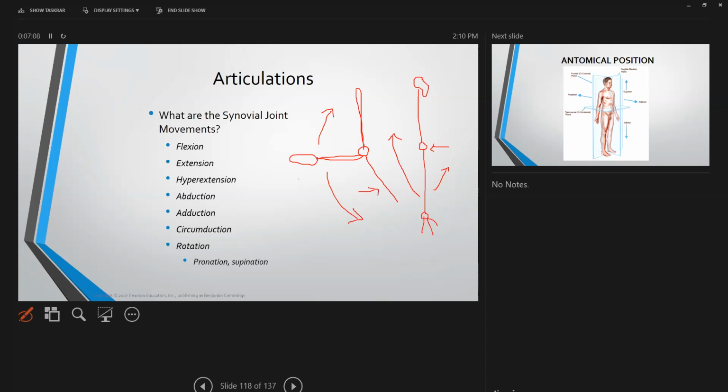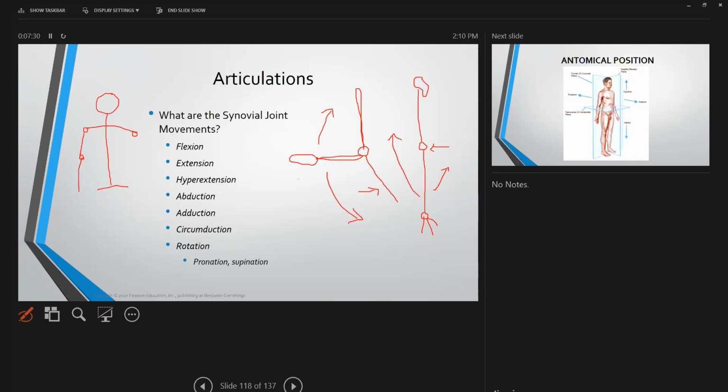Now, if we're talking about abduction and adduction, you're standing in the anatomical position. Here is our guy, okay? And we're going to go pick on this arm again.